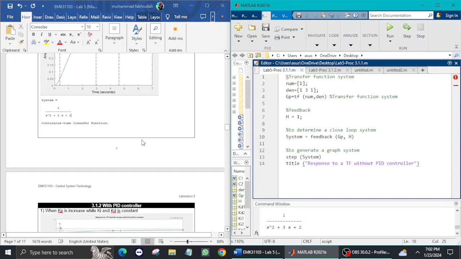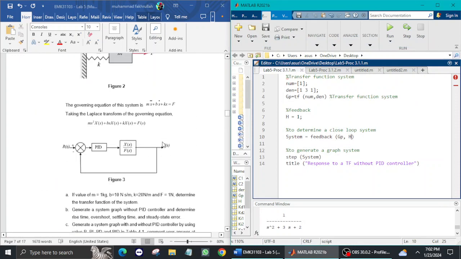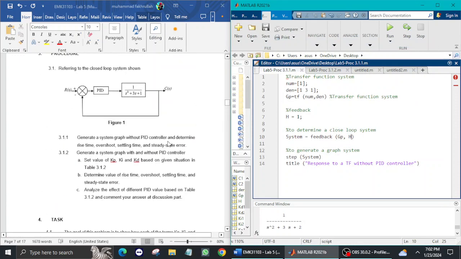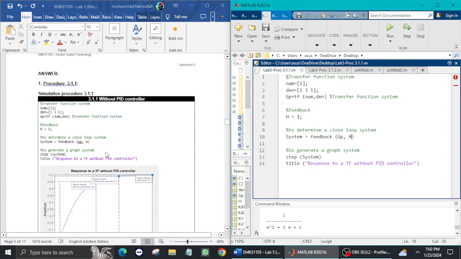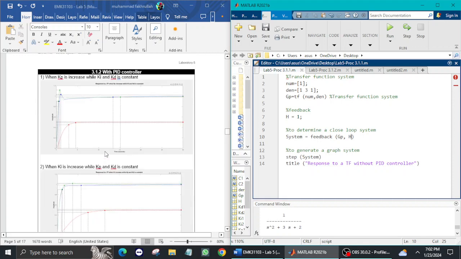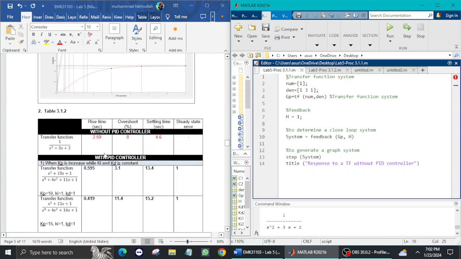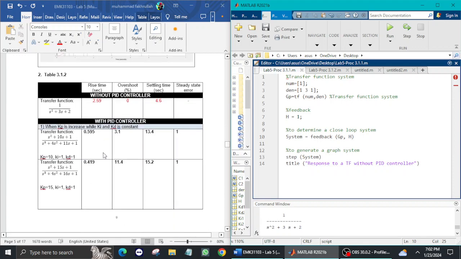Okay, next is to generate a system graph with and without the PID controller. Set the values of KP, KI, and KD based on the given situations in table 3.1.2. And we move to 3.1.2. I already made this.